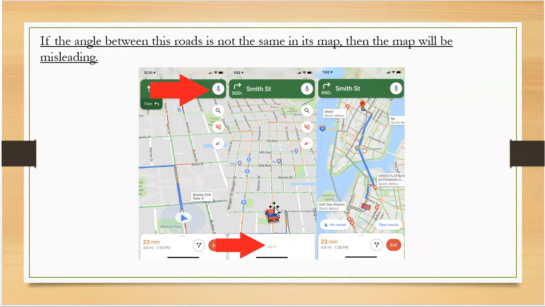No, it is shown very small. But one thing which is shown exactly is the angle of the turns. If the angle of the turn is exactly 90 degrees, it is shown as 90 degrees. Here you can observe it is slightly less than 90 degrees. Whatever the turn is, it is shown exactly as the angle which is actually present in the actual Mumbai.